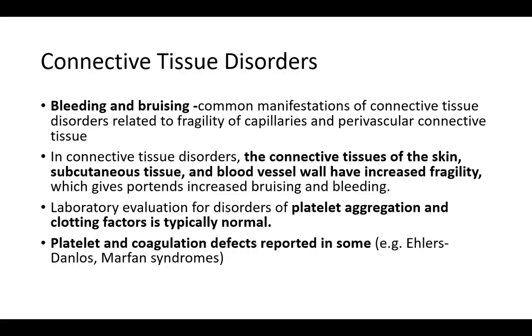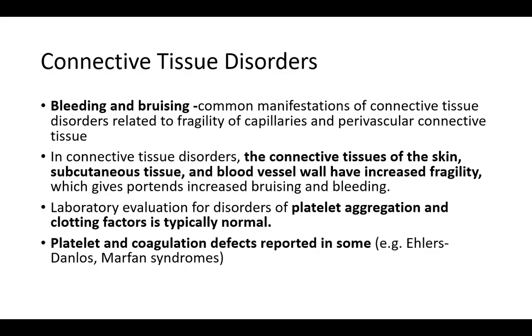In connective tissue disorders in general, bleeding and bruising is common because the vascular structure, skin, and subcutaneous tissue have increased fragility, so they may bruise easily. Also, in those patients, you may have platelet aggregation abnormalities, but generally they are normal.